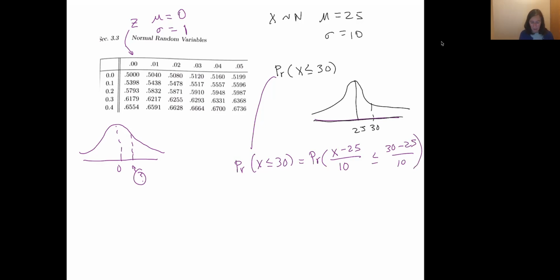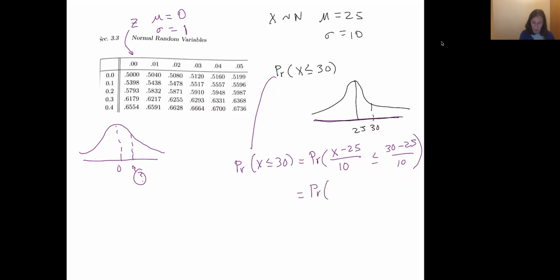See what I'm doing? I'm just performing the same operations on my 30 that I am on my X. I'm doing the same thing on both sides of my inequality. That is totally legit.